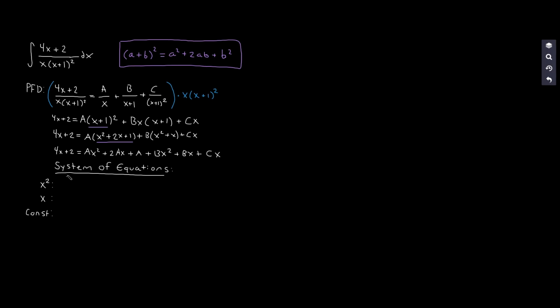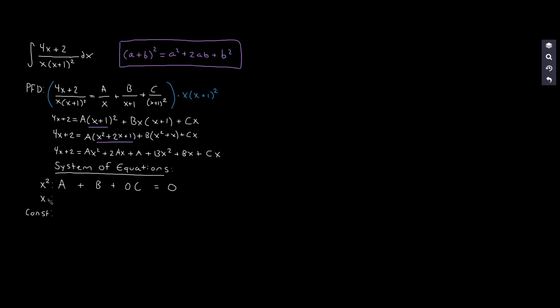For x squared, we're going to have A plus B plus 0C equals 0, because on the left-hand side of the equation there's no x squared term.